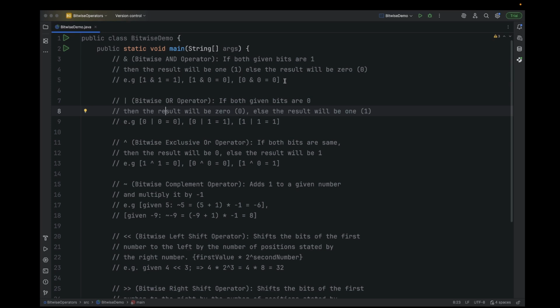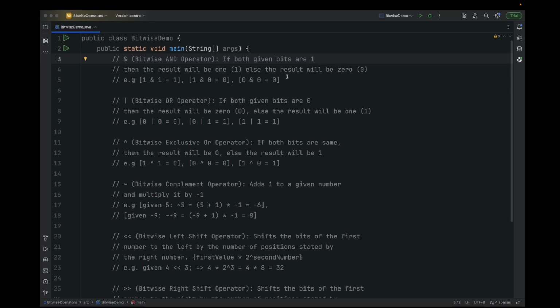So let's see how the bitwise AND operator works. The bitwise AND operator is represented by this single ampersand sign that you are seeing here. Its definition says that if both given bits are 1, then the result will be 1. Otherwise, any other combination of the two bits will give 0.